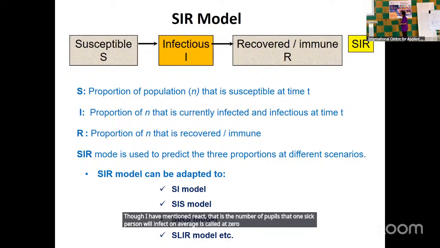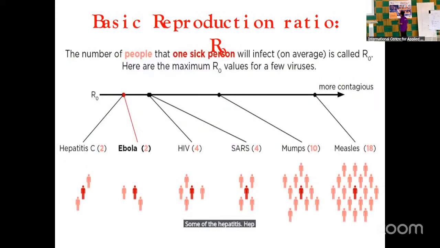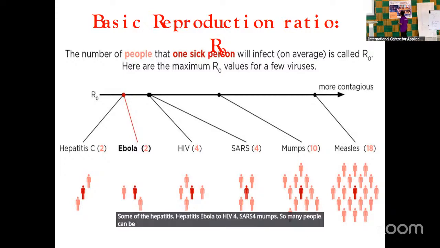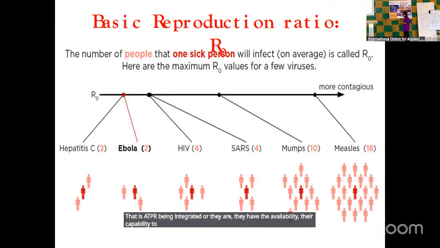Here are the maximum R0 values for a few viruses, suppose hepatitis, Ebola, HIV, SARS, mumps. So many people can be infected from a person, and yes, 80 people are being infected, or they have the capability to infect other people, that is a number of 18 or 16.